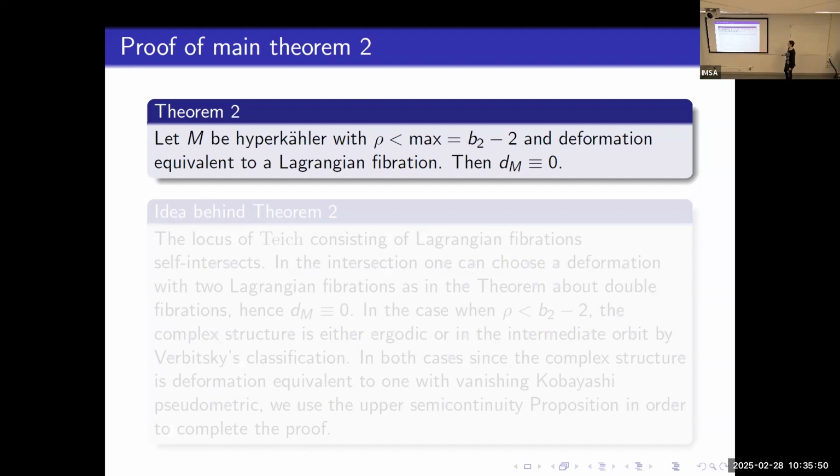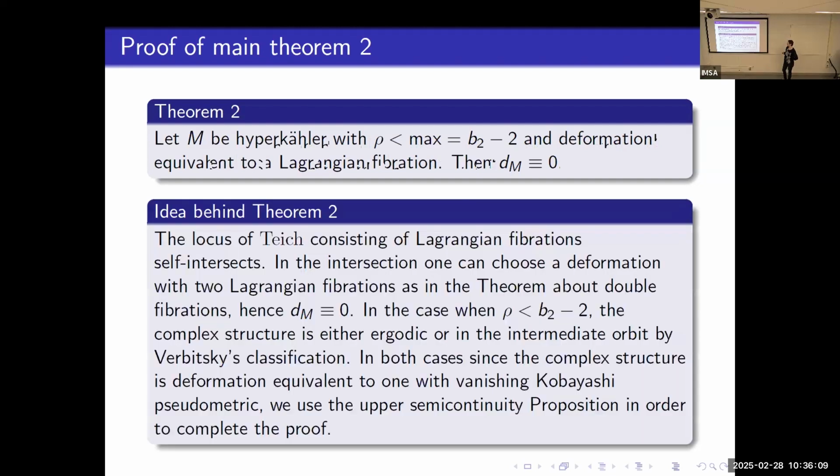We have a hyperkähler manifold with Picard rank less than maximum, which is deformation equivalent to one with a Lagrangian fibration. Then you have vanishing of the Kobayashi pseudodistance. And the idea is to take the locus of Lagrangian fibrations in the moduli space of complex structures, the Period space.